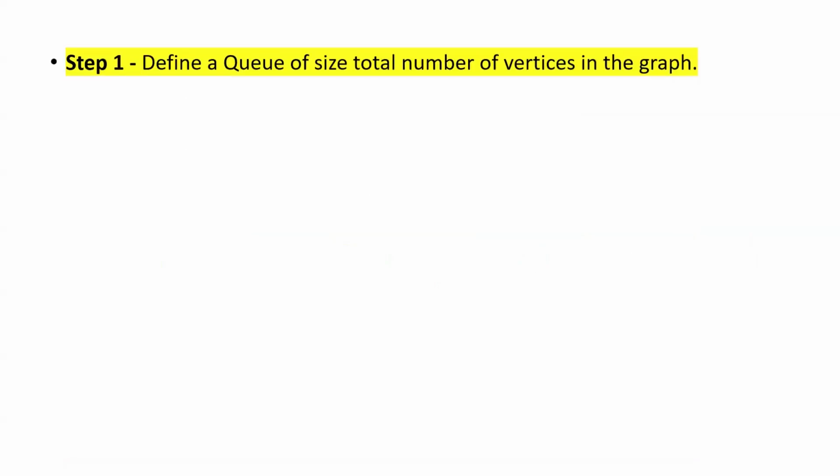So let's start with the steps of how it works. We have a few steps to run the BFS. Step one: define a queue of size total number of vertices in the graph, right? A queue is nothing but FIFO. We all know about FIFO, first in first out, right?